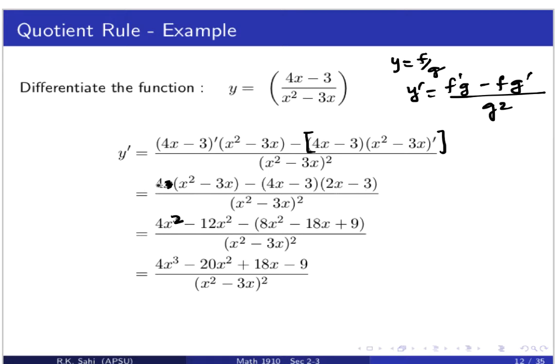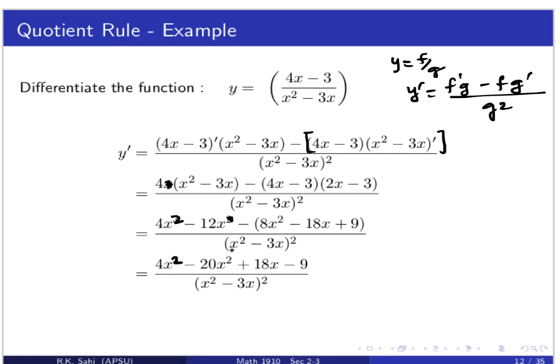Okay, then you multiply, so you get 4x squared minus 12x. Sorry, it's not an x cubed, it is 12x. Then minus, you will have 8x squared minus 12x minus 6x plus 9.